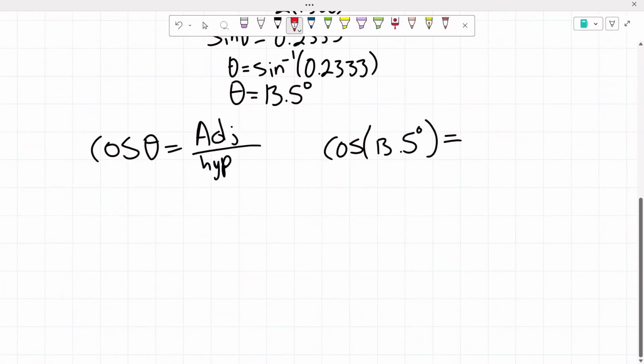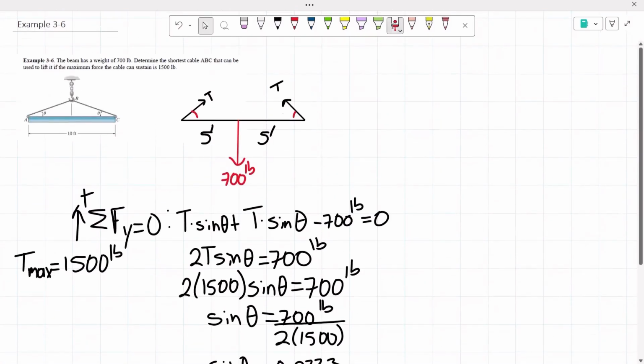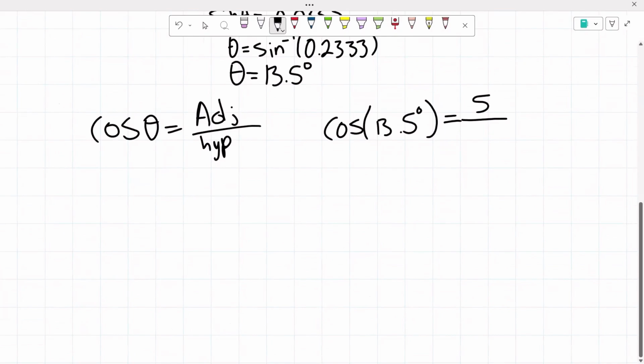And what we're trying to find is the hypotenuse, because we're trying to see how long that cable has to be. We're going to call that the length of AB.